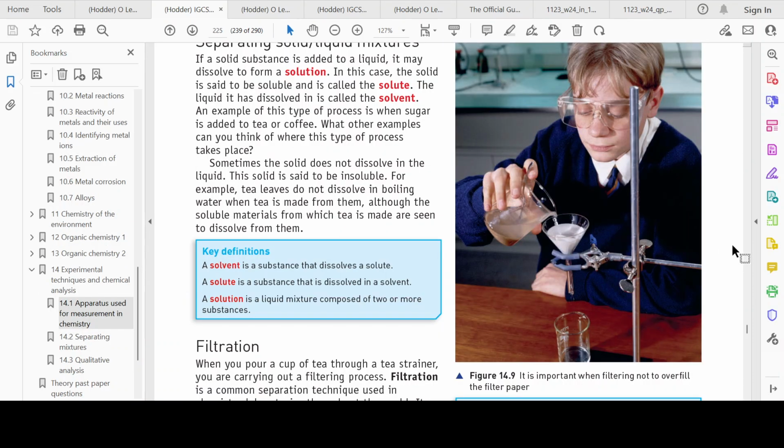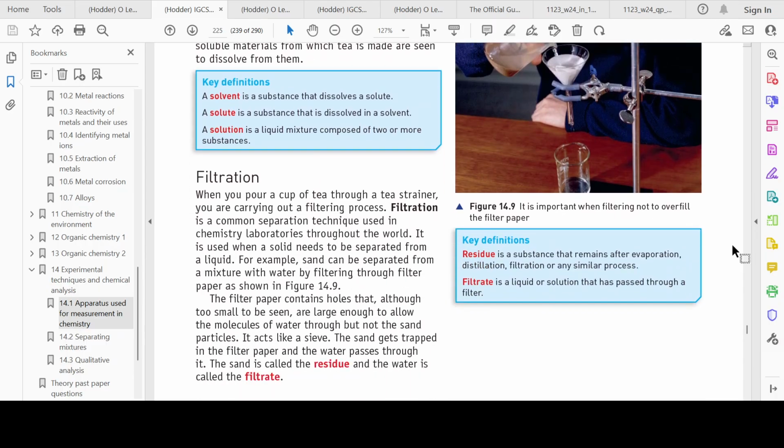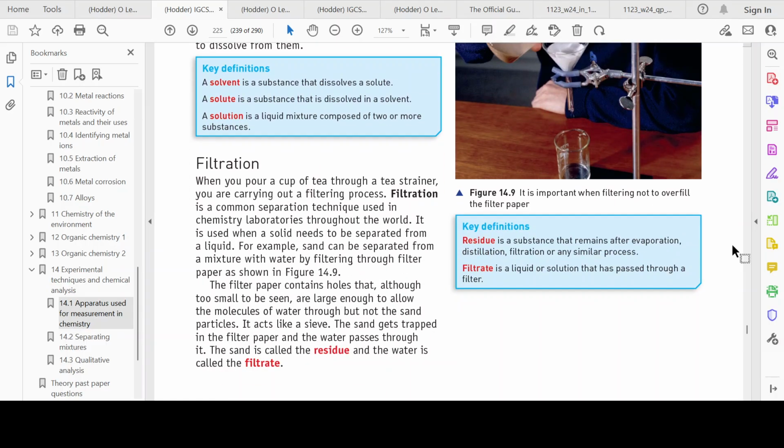So yes, you will need to know the names of the apparatus. There will definitely be a question where you'll be asked to set up an experiment. And one thing that you need to set up an experiment is the apparatus.